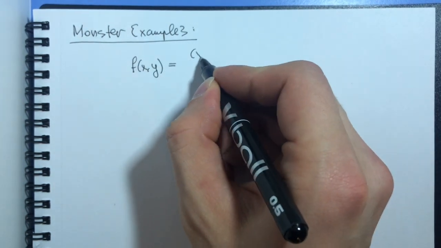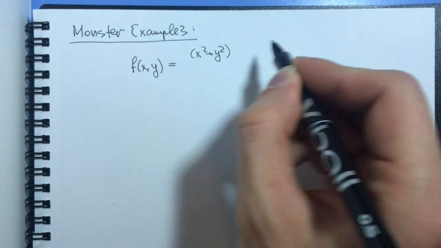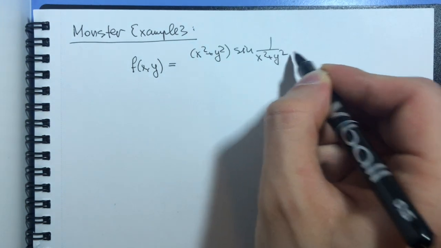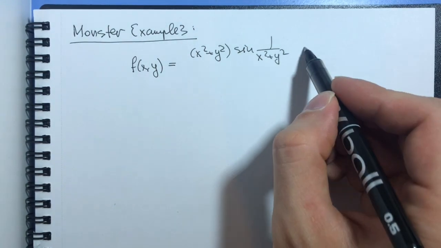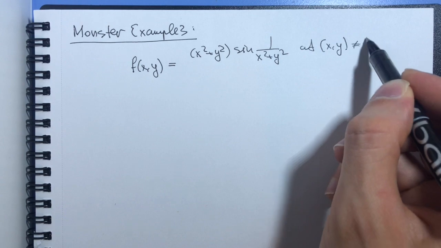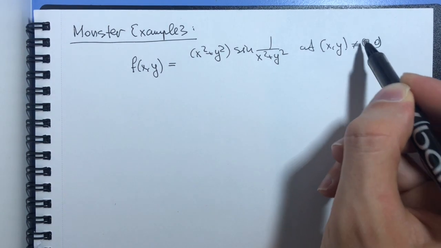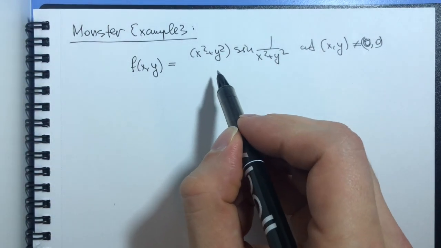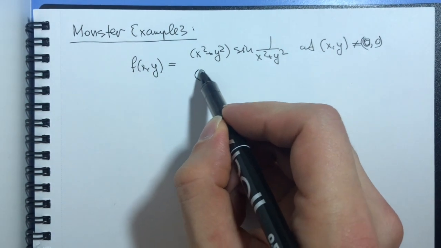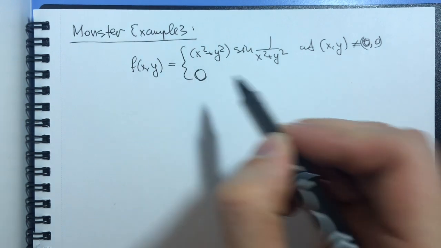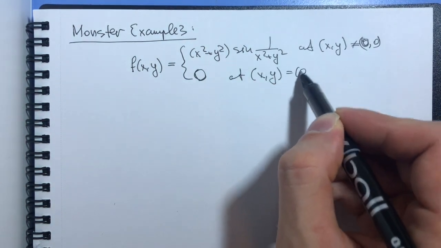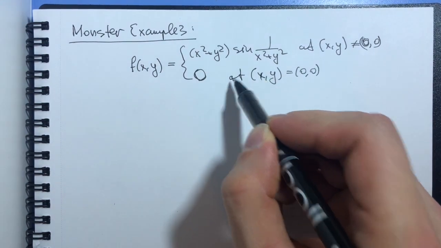It's x squared plus y squared times sine of 1 over x squared plus y squared at all points x and y such that they are not simultaneously zero, and we add artificially, so we call its function equal to 0 at this problematic point.